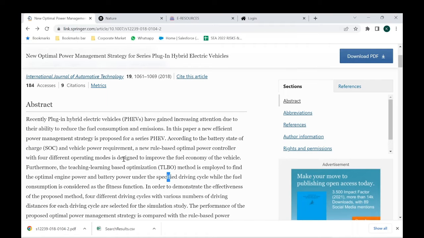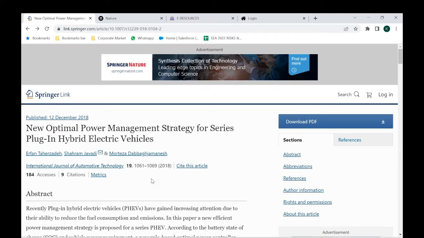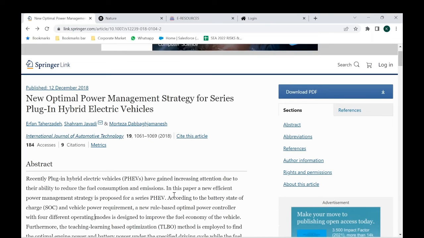So that is another suggestion I would give when using platforms such as SpringerLink.